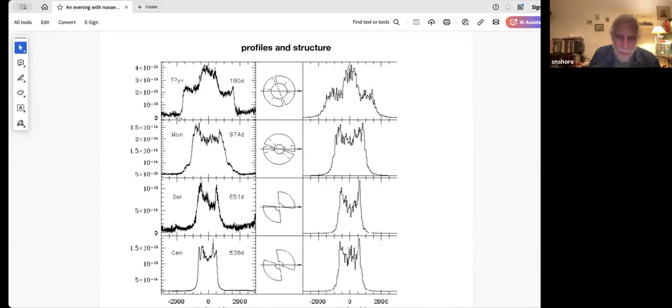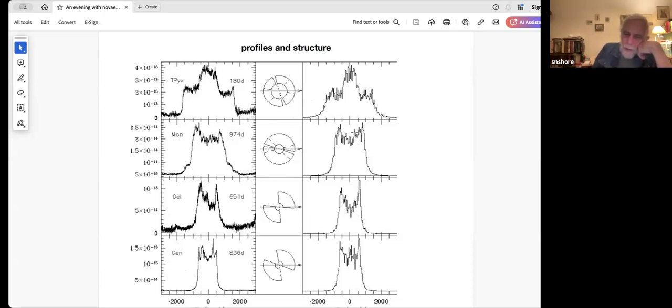So T-Pix, V959 Mon, V339 Del, and V1369 Sen. So these two from 2013, this one from 2012, and this one from 2011. On the right is what this geometry produces as the model.